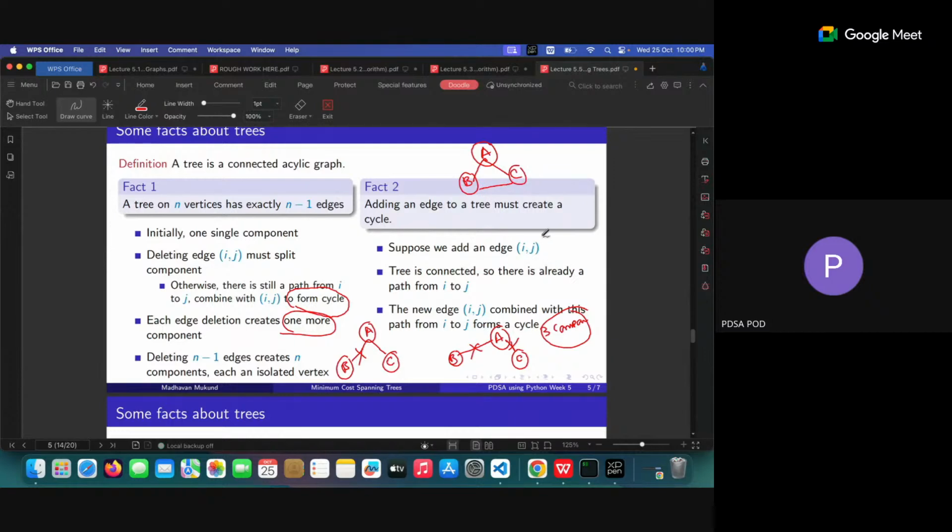A tree is connected if there is already a path from I to J. If a new edge is added, I to J, combining with this path, it forms a cycle. So B to C, if there is an indirect path, no worries. But if you are establishing another direct path, it definitely creates a cycle. So adding an edge definitely creates a problem.